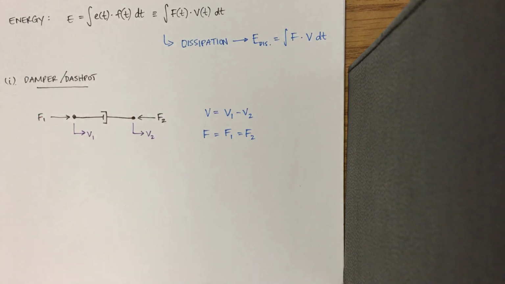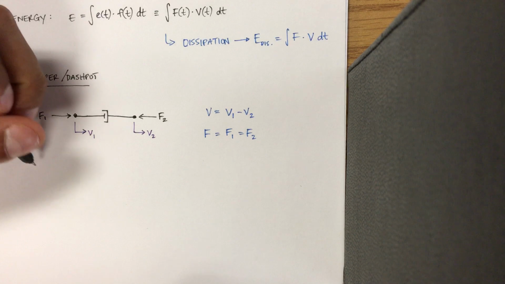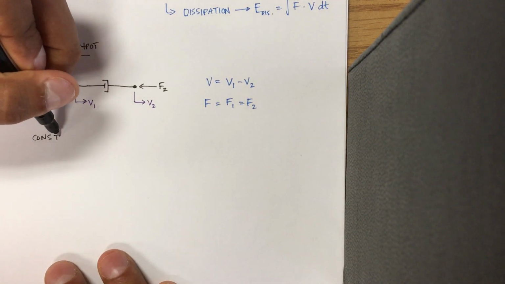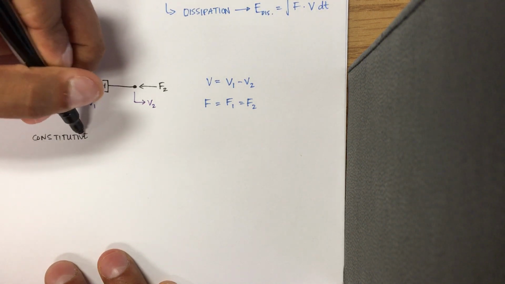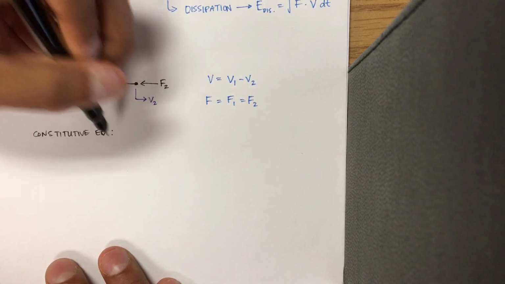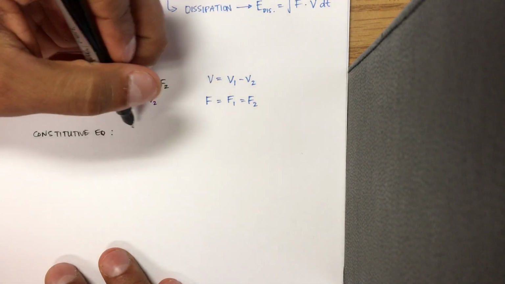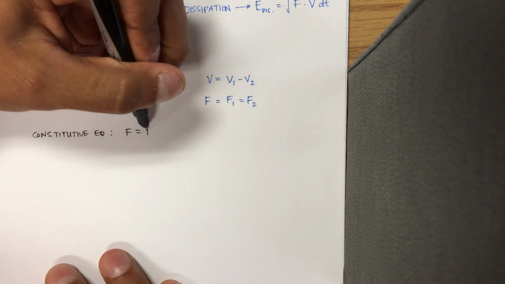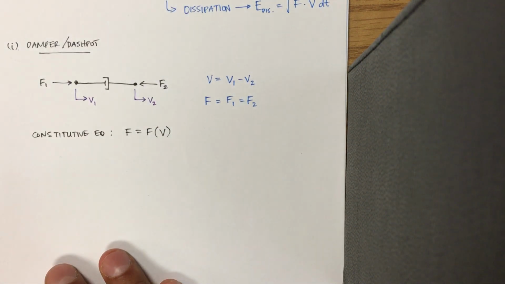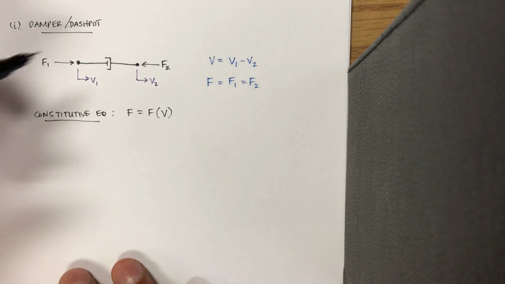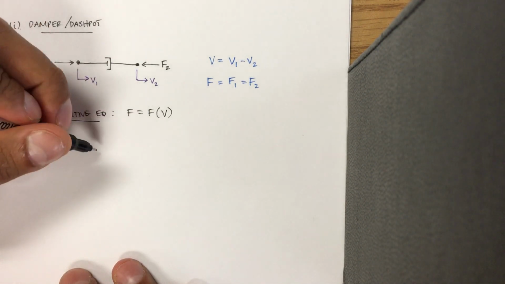All right. So one thing we do know is the constitutive equation. And that is that if we want to see how the effort changes as a function of the flow V, then we can draw what that relationship would look like.